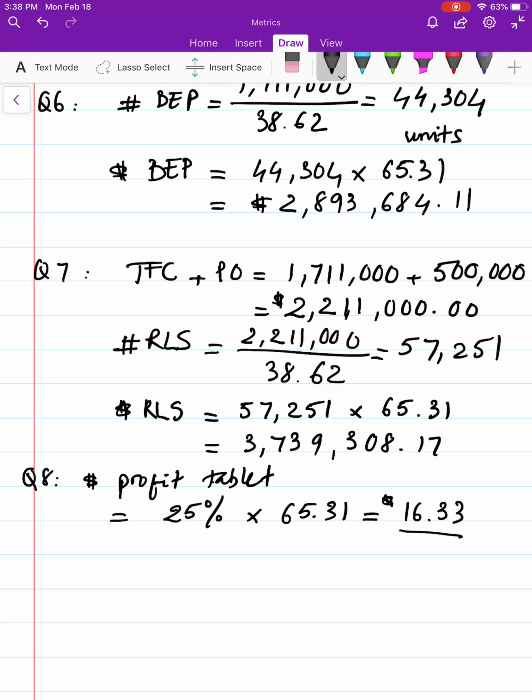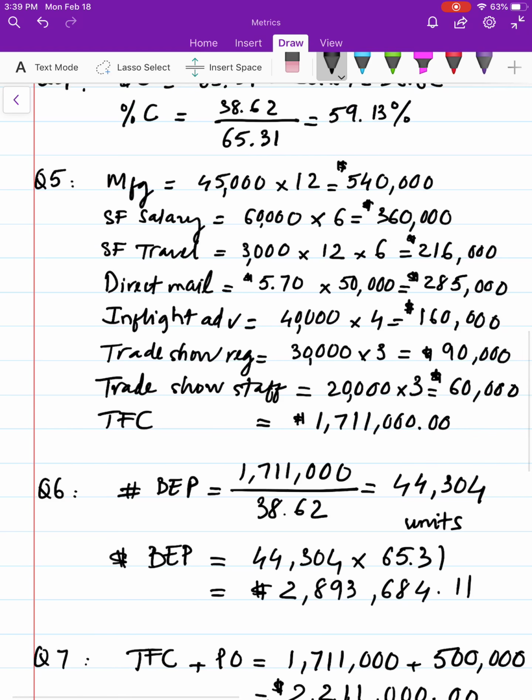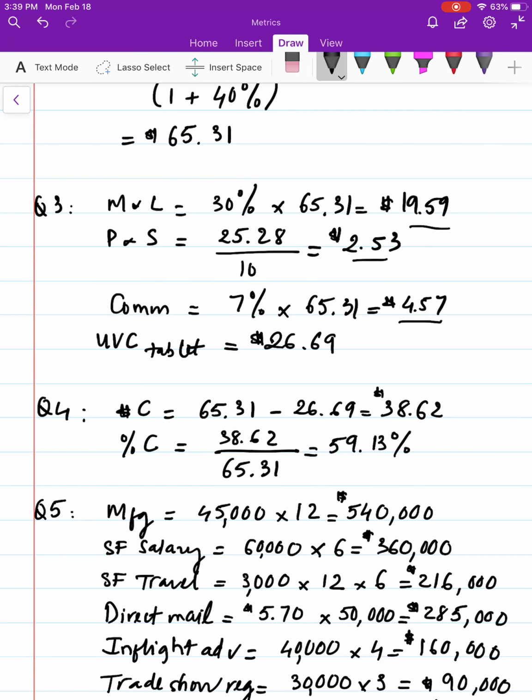Now we are going to treat this new profit objective as a new variable cost so that we can revise the new dollar contribution. So in other words, the dollar contribution in this case for the revised one would equal the unit selling price minus the previous unit variable cost, which is $26.69.